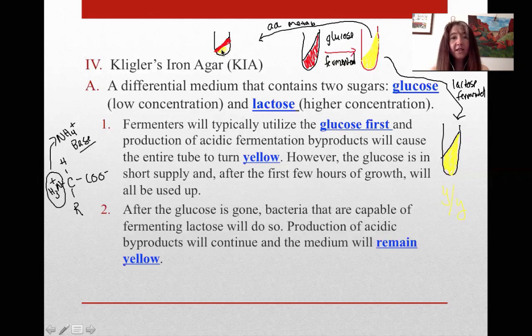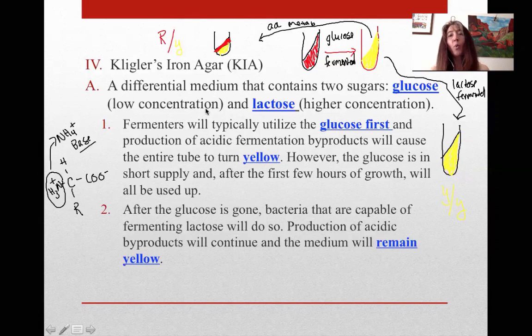So an organism that is red over yellow can ferment glucose, but it cannot ferment lactose. Red over yellow.